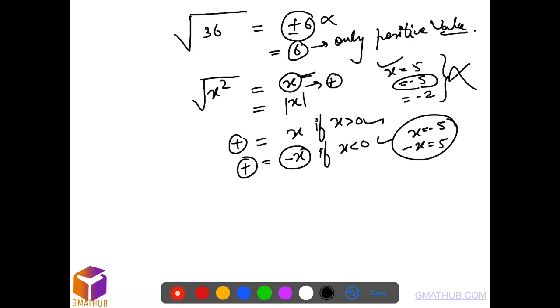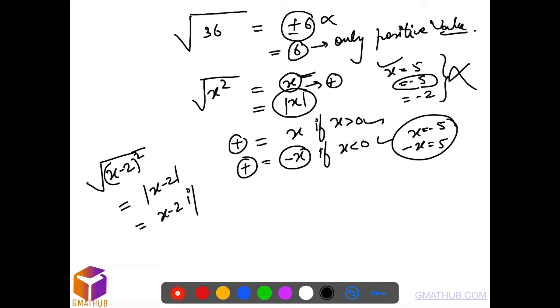For example, square root of x minus 2 square. So the answer should be what? Mod of this number, mod of x minus 2. So it will be x minus 2 if x minus 2 is positive, and it will be 2 minus x if 2 minus x is positive.